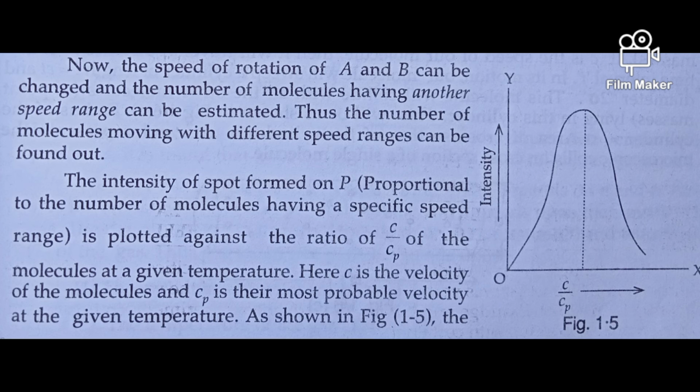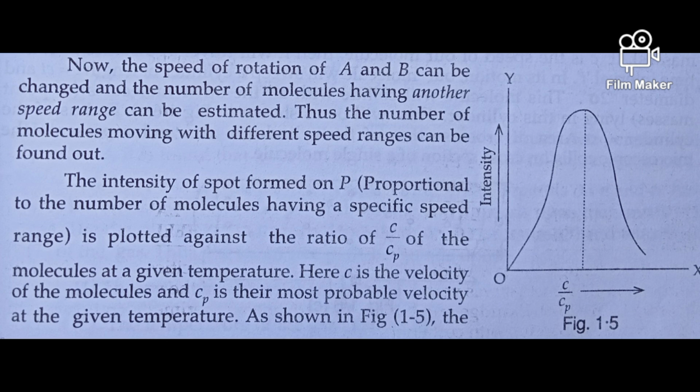The intensity of the spot formed on P, proportional to the number of molecules having a specific speed range, is plotted against the ratio c/cp of the molecules at a given temperature. Here, as the intensity of the spot on P increases, the number of molecules having a specific speed range also increases.